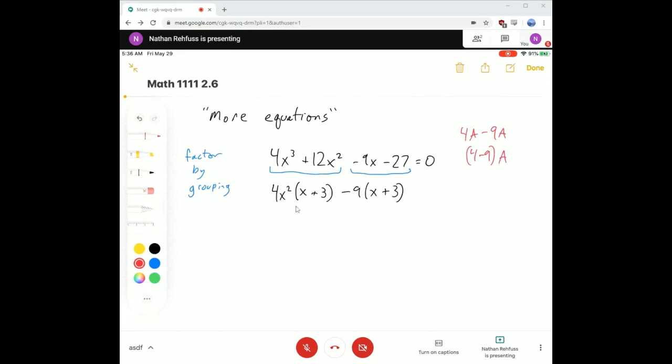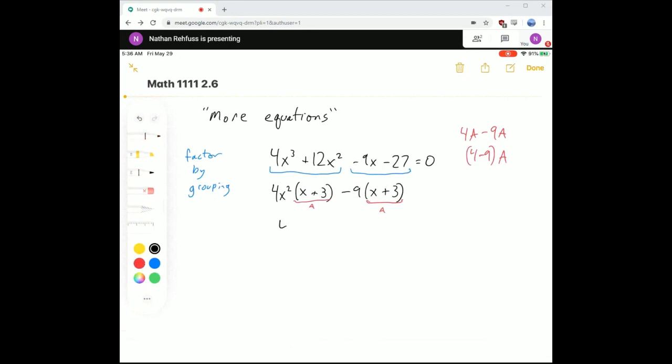That makes sense? So down here, I have 4x squared. Think of this x plus 3 as what I'm calling a. This whole expression. I have 4x squared of them here, and I'm taking away 9 of them here. So altogether, I should have 4x squared minus 9 copies of this thing.